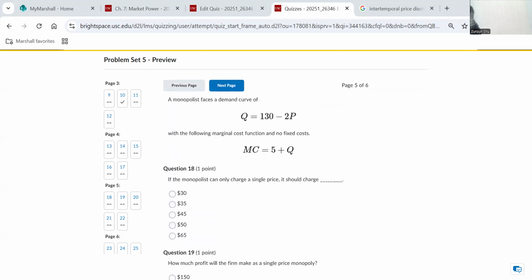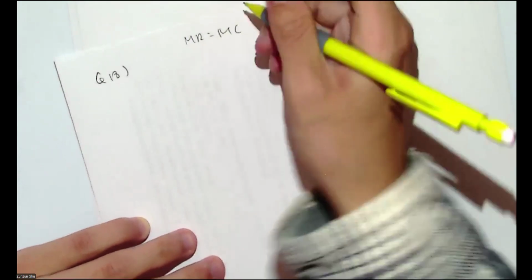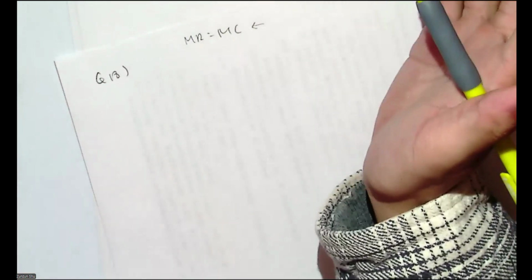Long story short, this is also going to be about using the same old formulas, whether that's MR equals MC or P equals MC. Any guesses on which one we are going to use? We're going to use MR equals MC for monopoly, but specifically what type? A single price monopoly.